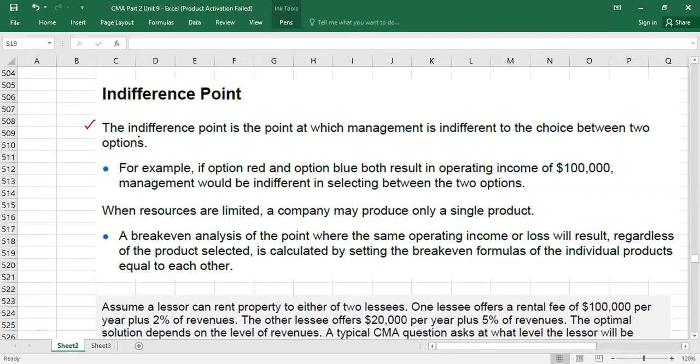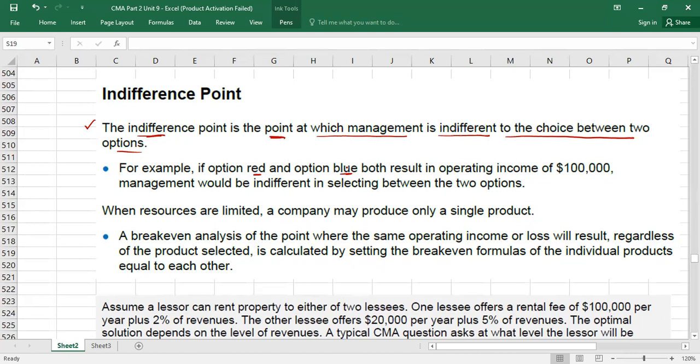They're saying the indifference point is the point at which management is indifferent to the choice between two options. For example, say you have an option which is red, maybe you can say it is investment A. You have an option to invest in option A, and you have an option B also, maybe blue.